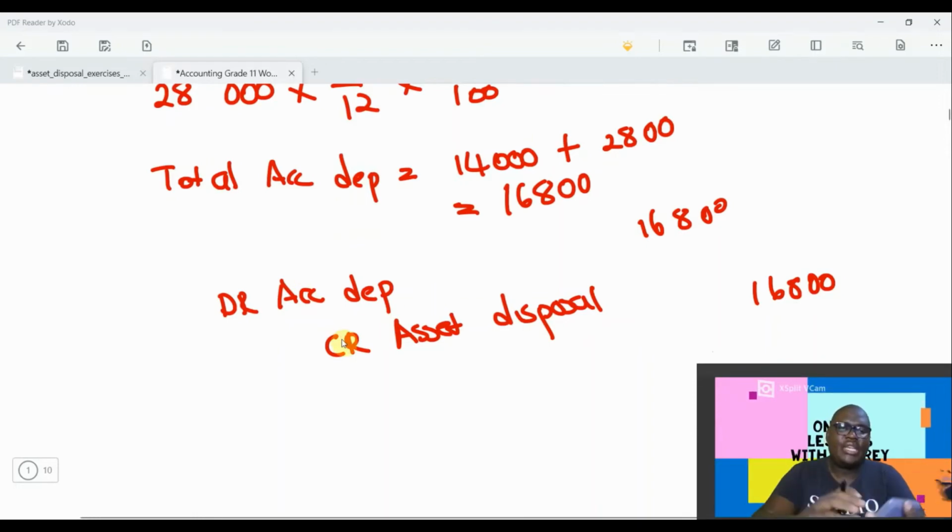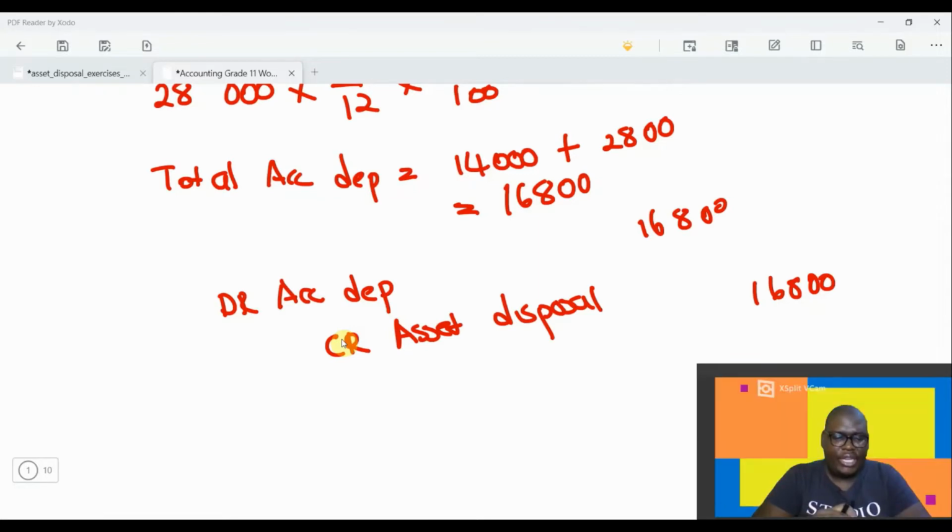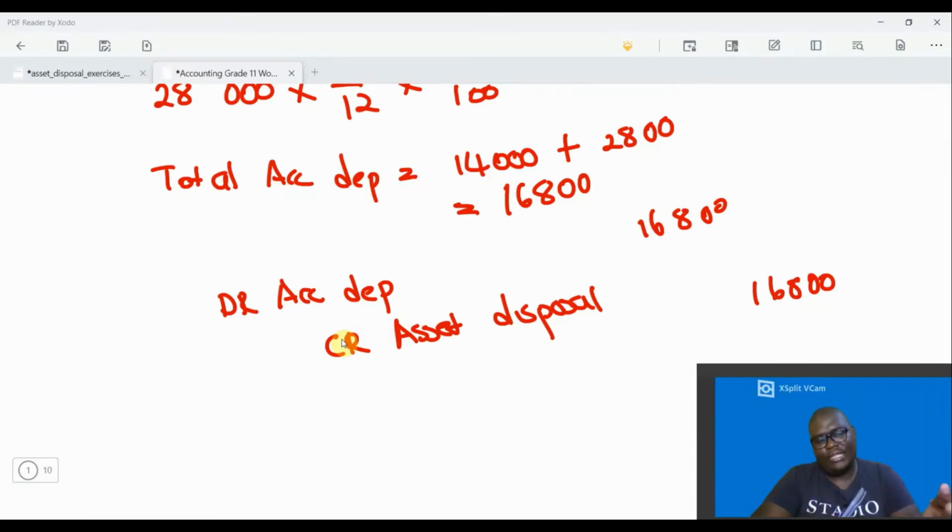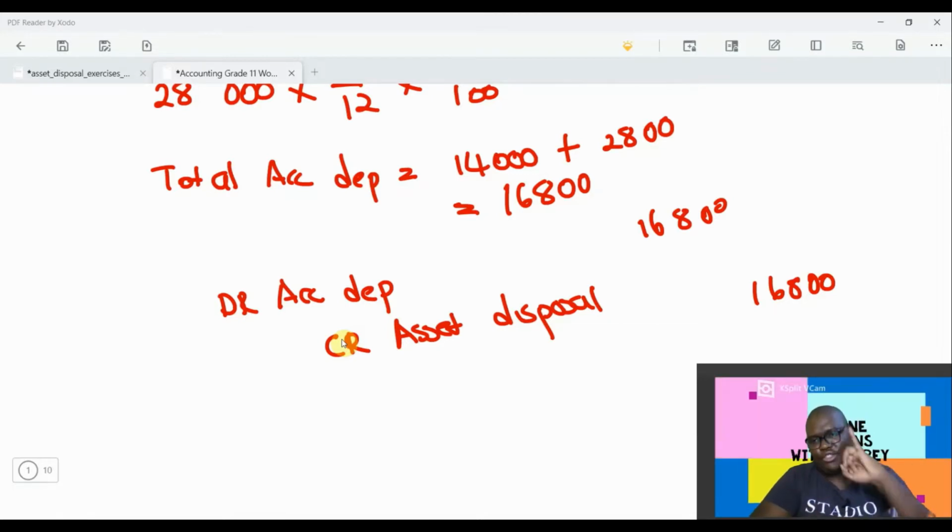So we need to go there and check what we said. Remember, we said 42,000 minus 14,000 gave us, I think, 28,000. And then 28,000, if you calculate from July, August, September, October, November, December, you can see it's 6 months.